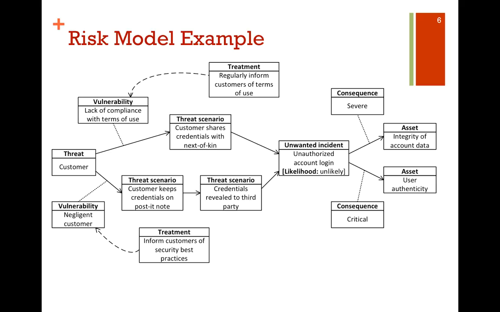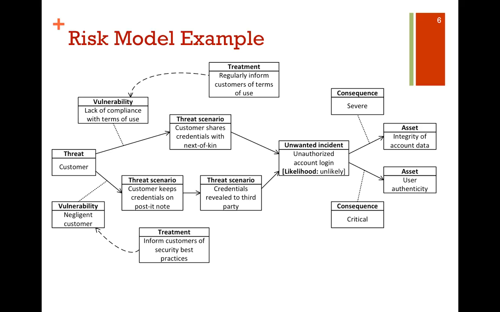Here is an example of a risk model representing the UML notation. The threat customer initiates two different attack scenarios. The first scenario is that the customer exploits the vulnerability lack of compliance with terms of use to initiate the threat scenario customer shares credentials with next of kin.